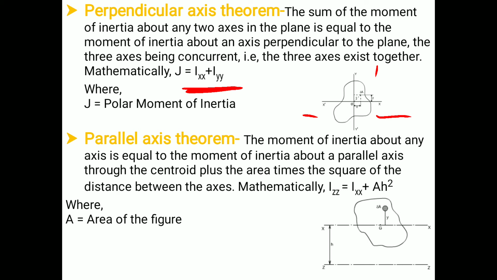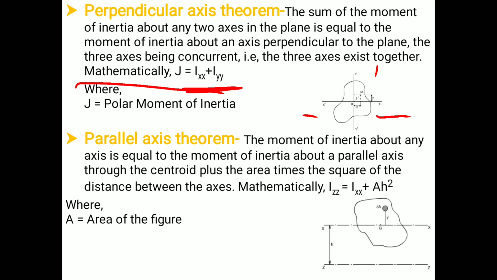Remember that in the perpendicular axis theorem, the three axes must be concurrent, meaning that those three axes must pass through a single point. It is mathematically given by J = Ixx + Iyy, where J is the polar moment of inertia. This is all about the perpendicular axis theorem.